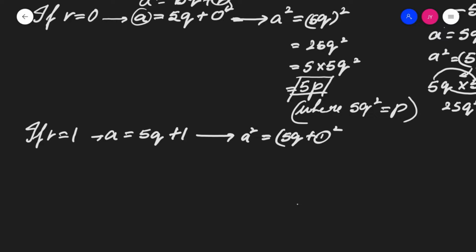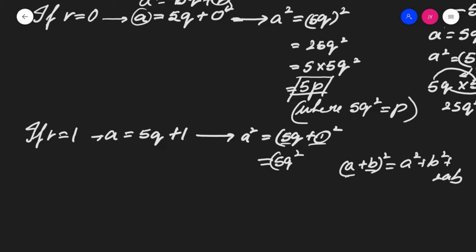So identity: a plus b whole square is equal to a square plus b square plus 2ab. What is a here? 5q is a here. What is b? 1 is b here. So 5q whole square plus 1 square plus 2 into 5q into 1. So 5q square is 25q square, we already did that. 1 square is 1.